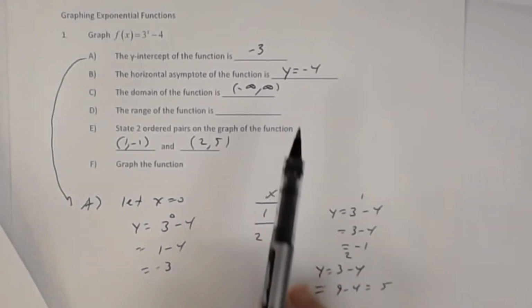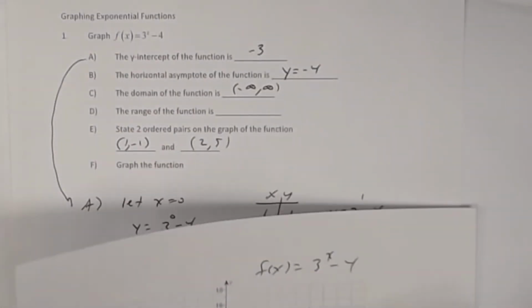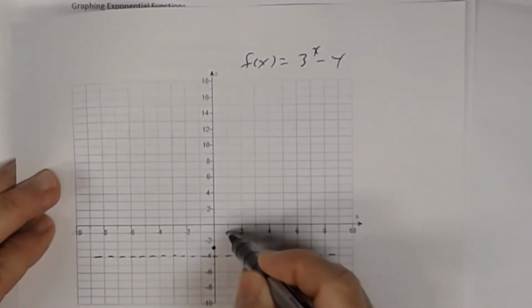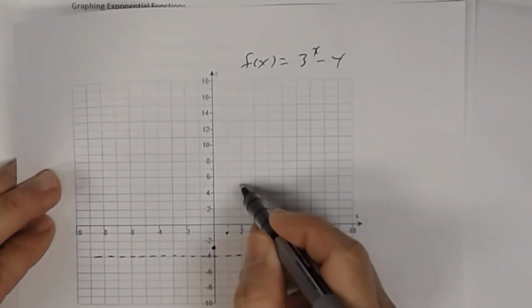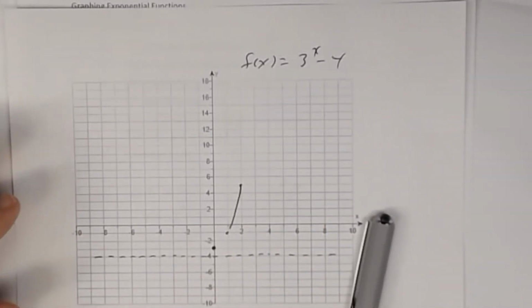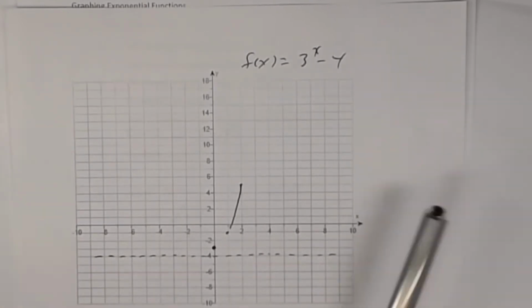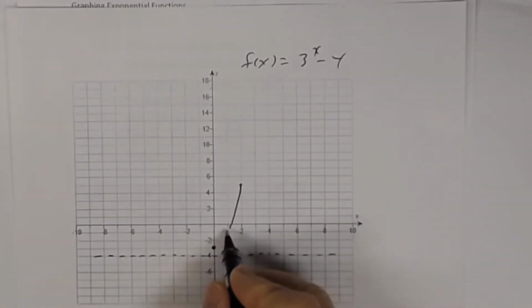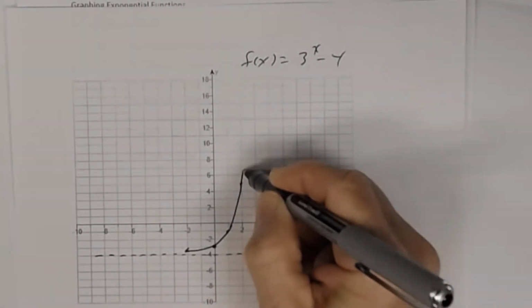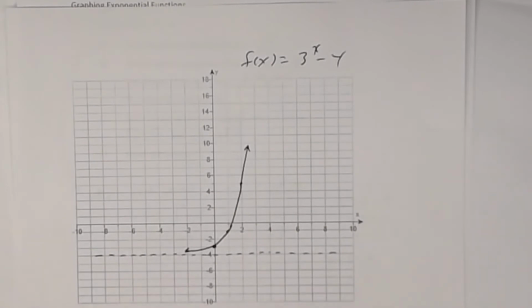My y-intercept is -3, so put a dot here on -3. Then I have two other points, (1, -1) and (2, 5). Your graph gets closer and closer to the horizontal asymptote, just like this, and on this side it rises rapidly. And so that's the graph of f of x equals 3 to the x minus 4.